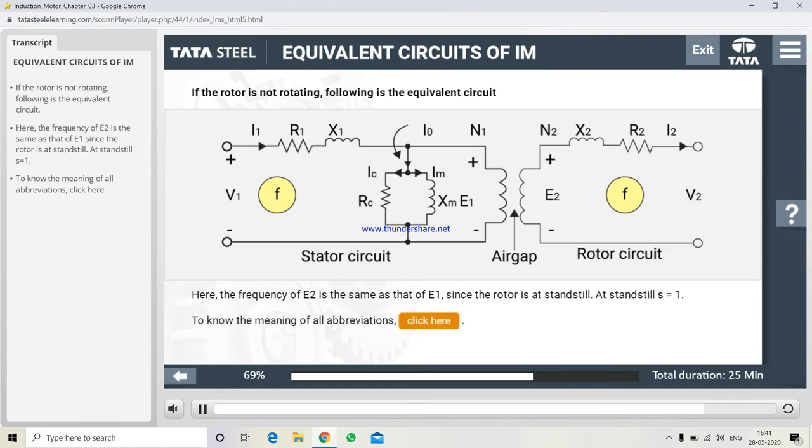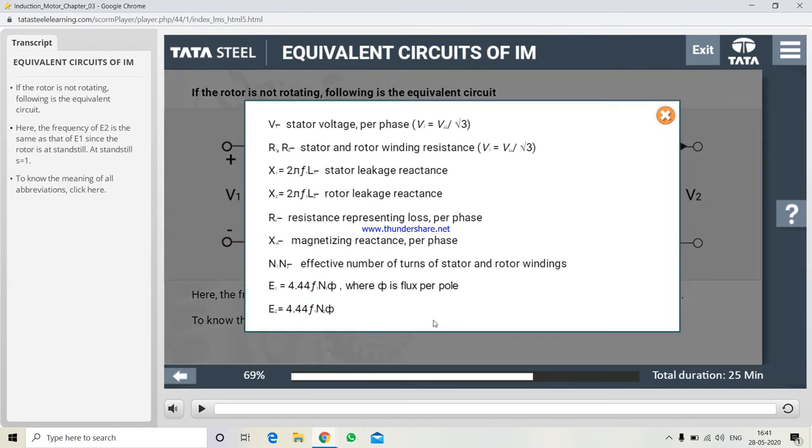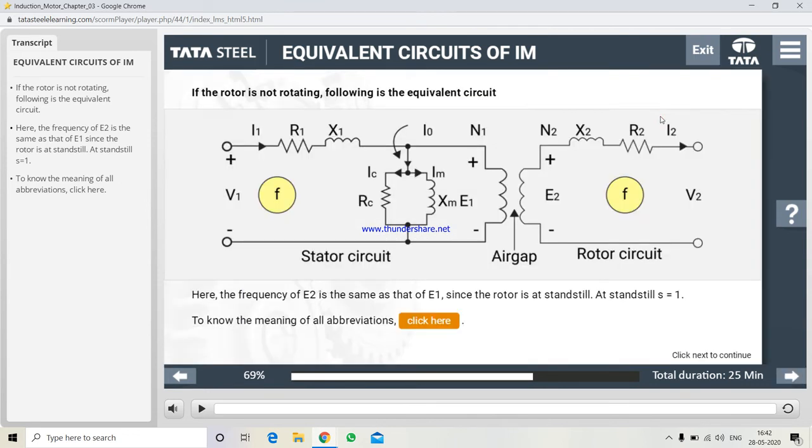To know the meaning of all abbreviations, click here. Click Next to continue.